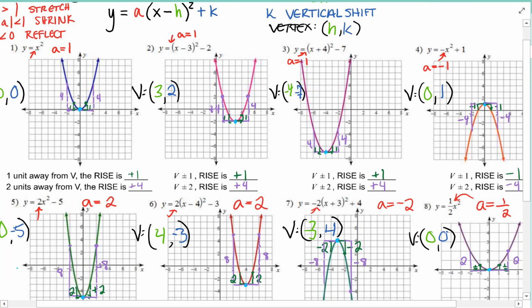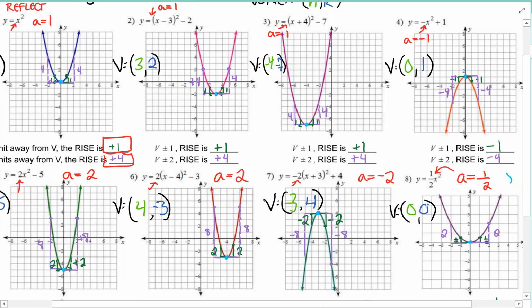So when A is 1, the rise 1 unit from the vertex is +1. And the rise 2 units away from the vertex is +4. When A is -1, the rise 1 unit away from the vertex is -1, and 2 units away is -4.